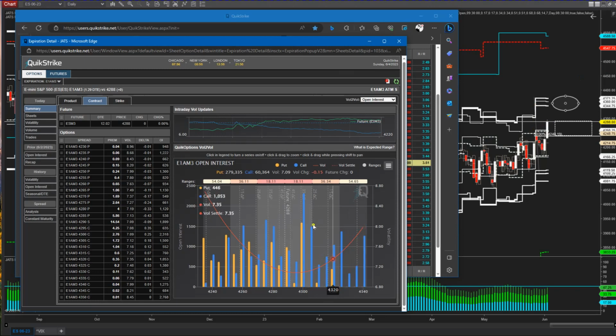So that may provide some resistance 10 points higher. And outside of 4305, you're leaving the first standard deviation of that IV. See that little shaded area? And that's your 25 delta. So we might get a little bit of resistance at 4300, 4305.